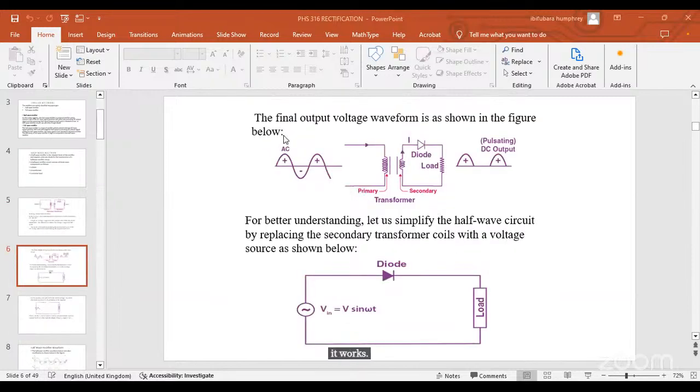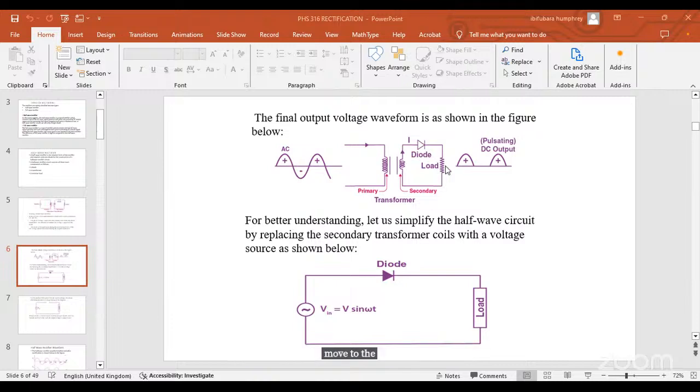So this is a waveform of the input and output of the half-wave rectifier. Remember that AC is sinusoidal. Look at it. It comes in as a full sine wave, enters through the supply to the primary and then the secondary, and moves to the diode.